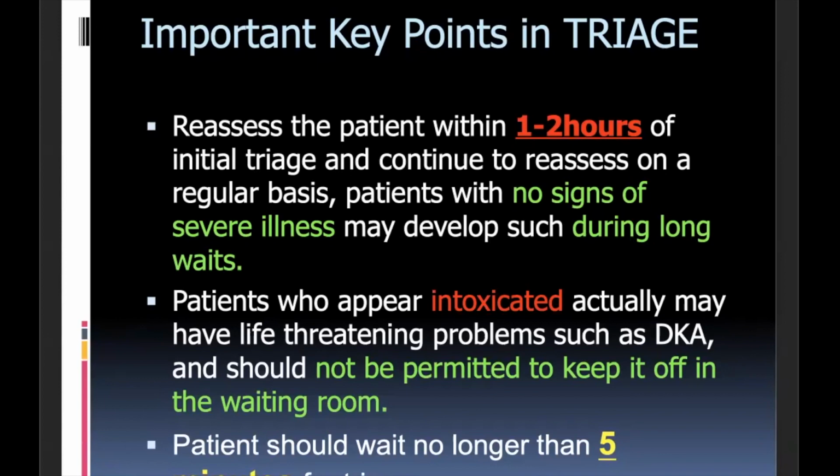That is why if we categorize the green patients or the non-emergency patients, we need to go back to them to reassess, in case they are having a disease process or developing trauma. We need to go back to them immediately as well if we have finished catering to the red and the yellow ones.